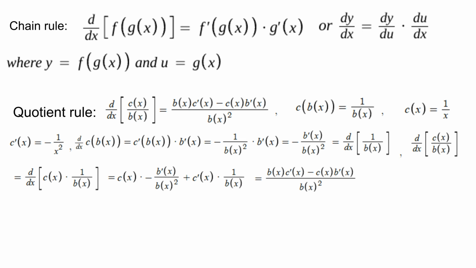Going back to the original equation, we can take the fraction and turn it into a multiplication of c of x multiplied by 1 over b of x, which, using the product rule, would equal c of x multiplied by negative b prime of x over b of x squared plus c prime of x multiplied by 1 over b of x, which simplifies to the original equation.